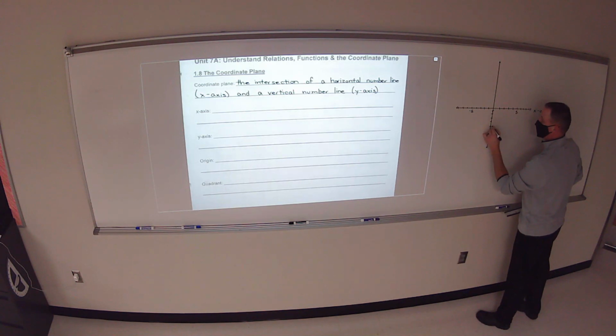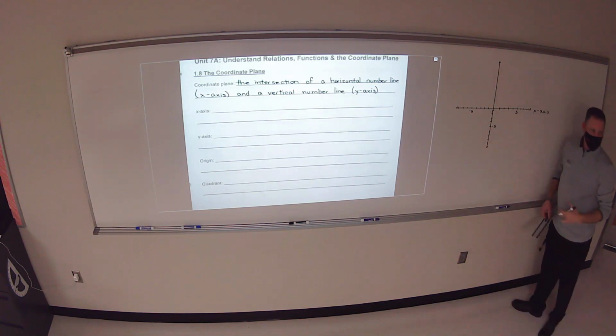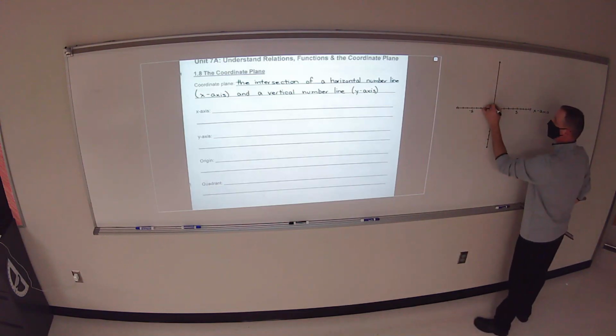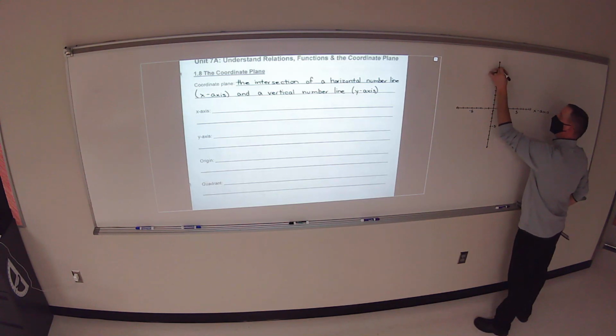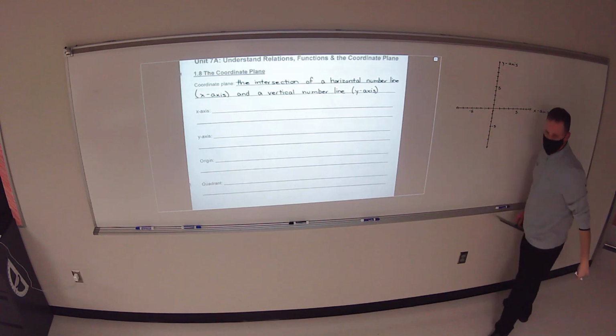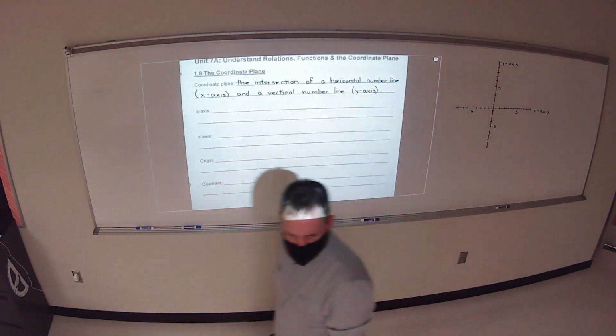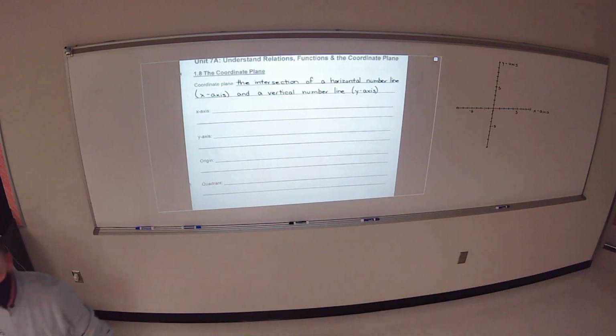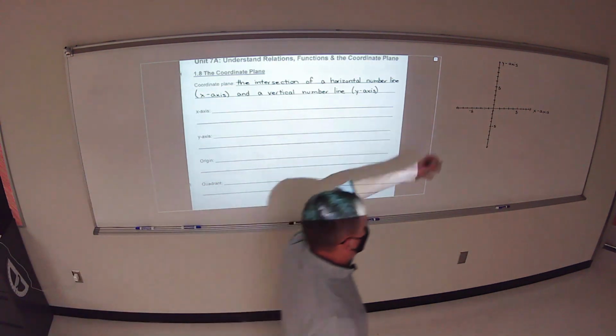So here's -5, -6, -7, -8. And again, it keeps going on forever there. And our positive numbers are up here on the top. So this is our y-axis. Okay? That's all the coordinate plane is. It's the intersection of a horizontal number line with a vertical number line.